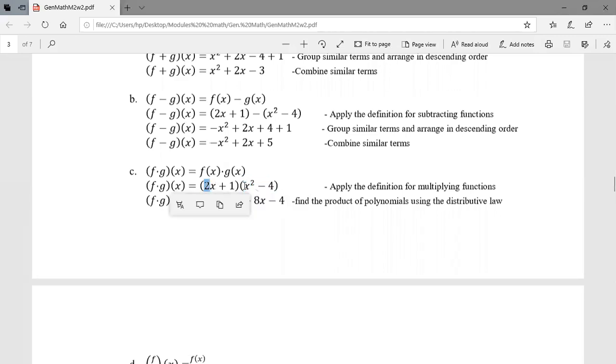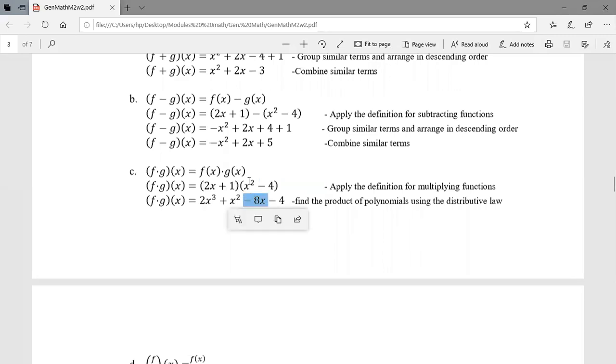So, 2x multiplied to x squared is 2x cubed. Next, 2x multiplied to negative 4 is negative 8x.